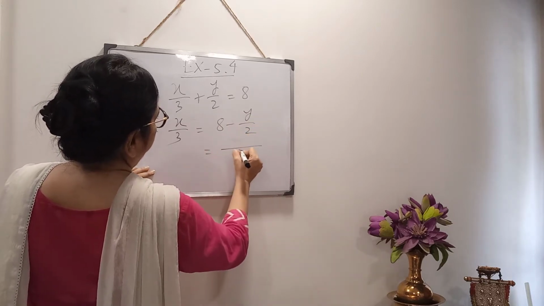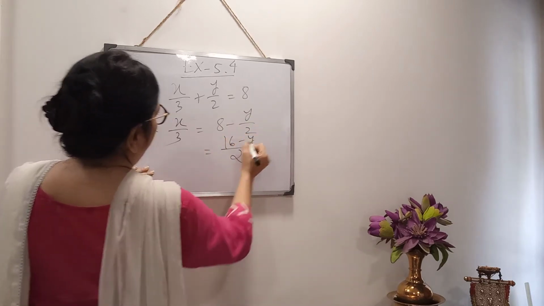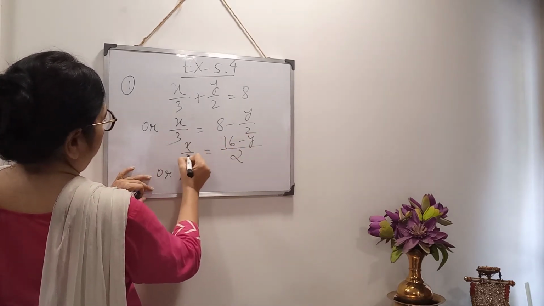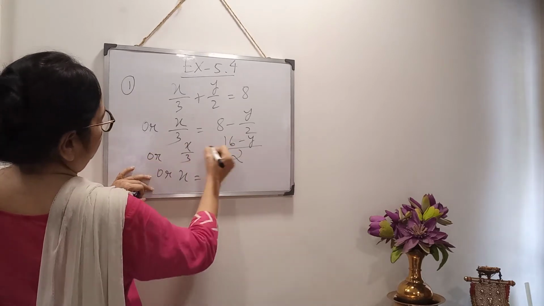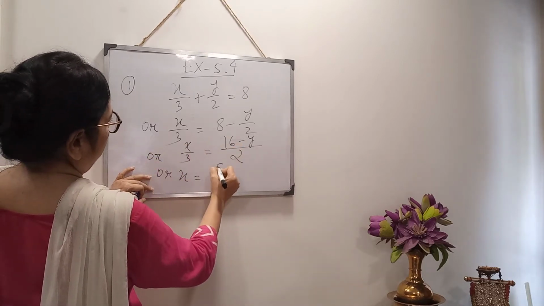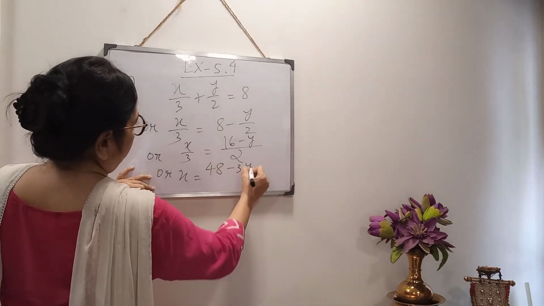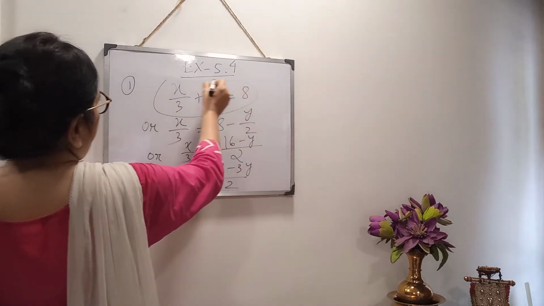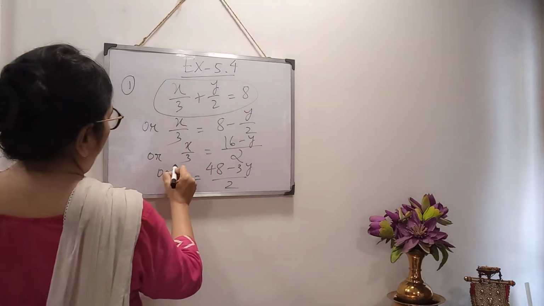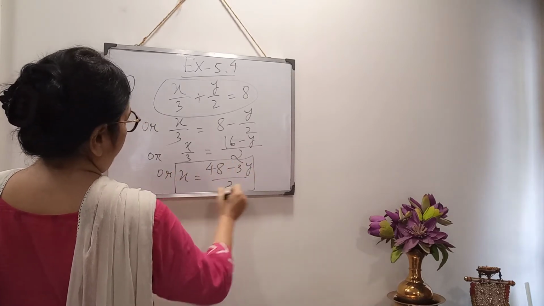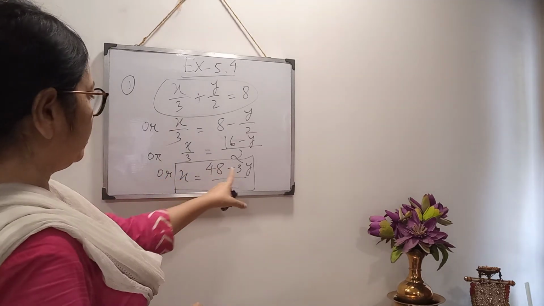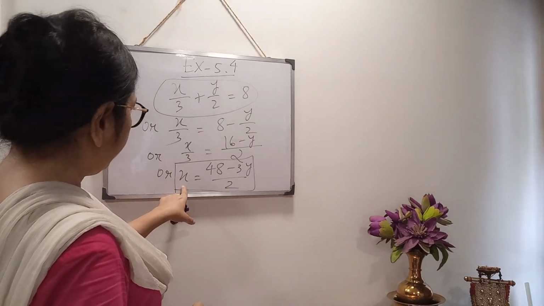Then take LCM, then x equals to cross multiply, 48 minus 3y by 2. Thus your equation was this. Now we have expressed from there x in terms of y. Clear? X equals to this.